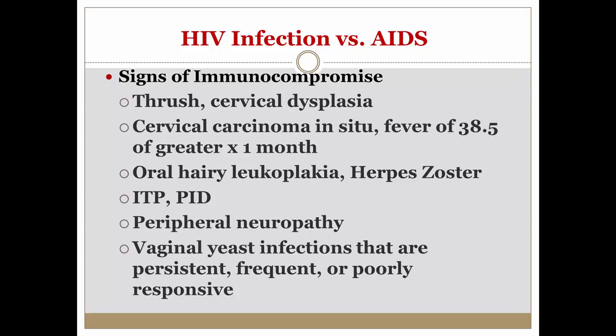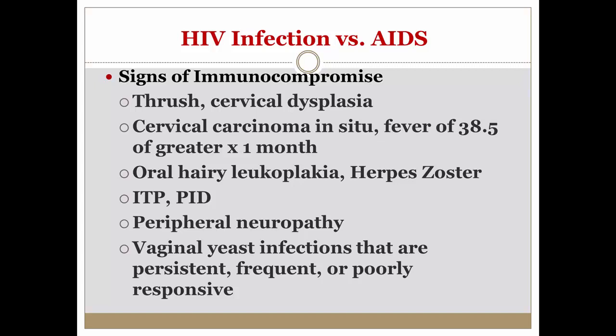Do they have herpes zoster? Herpes zoster is more common in individuals with HIV infection than it is in the general population. Do they develop idiopathic thrombocytopenic purpura, pelvic inflammatory disease? Do they manifest peripheral neuropathy?